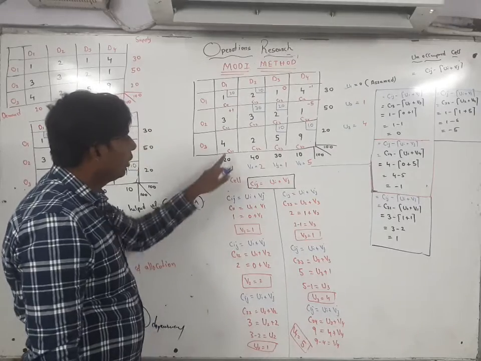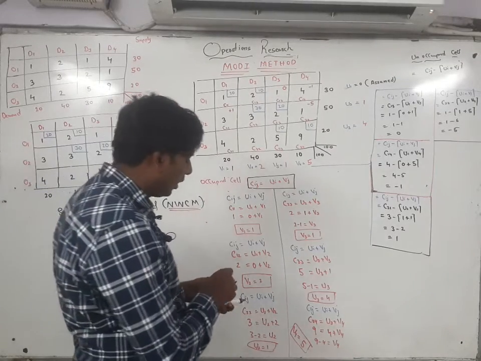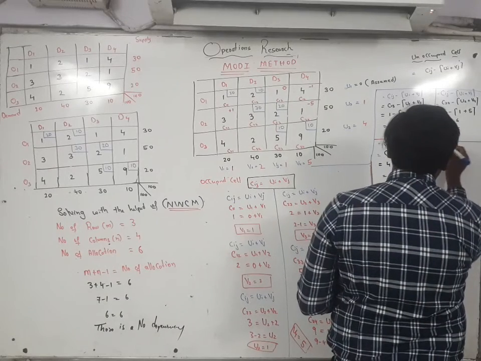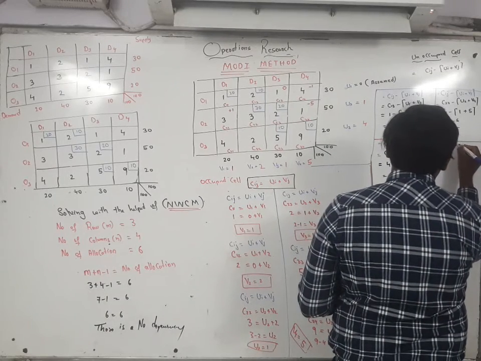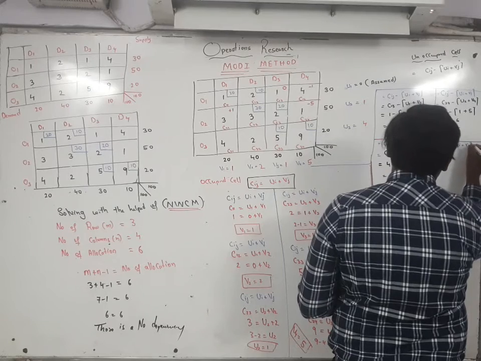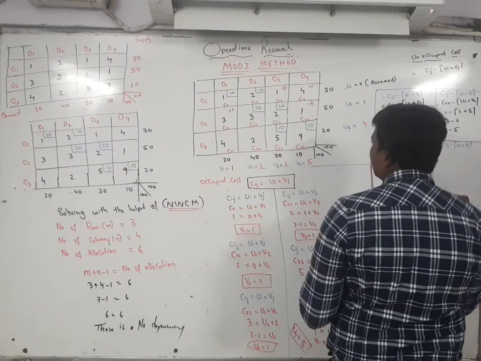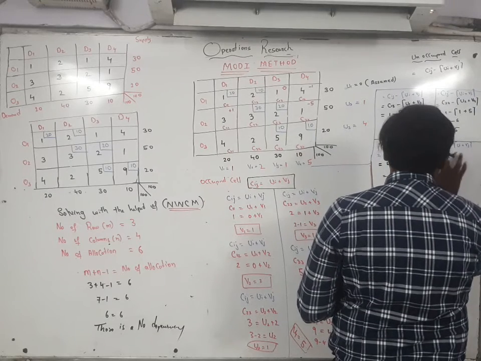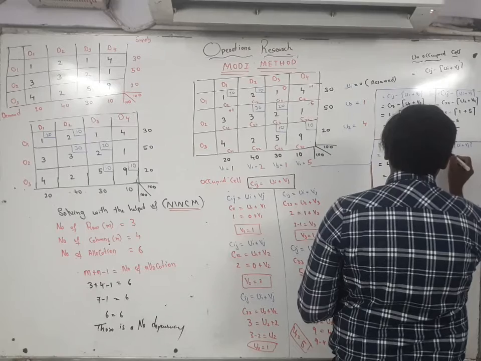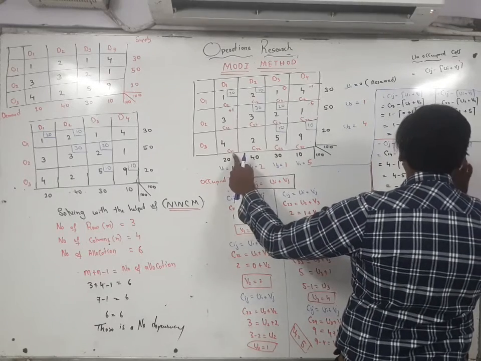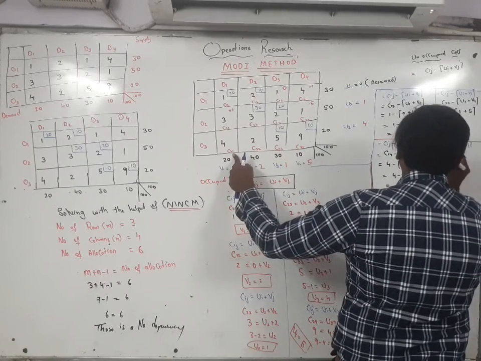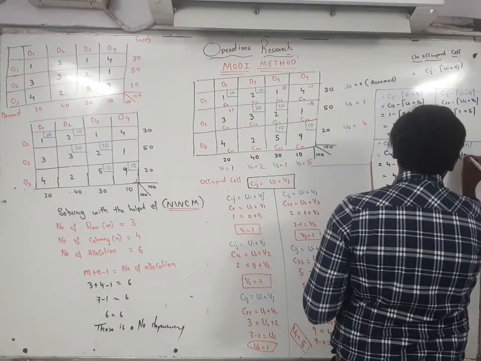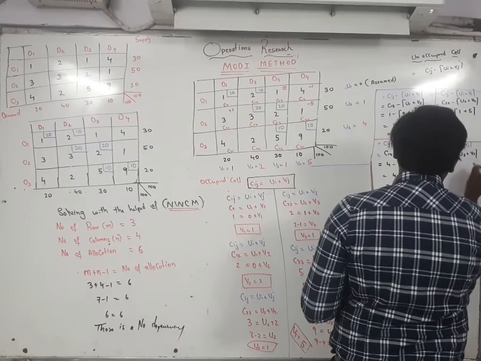Minus 5. Next occupied cell, this one is the next occupied cell. Cij minus Ui plus Vj. The cell is C31, sorry, C31, then U3, V1.